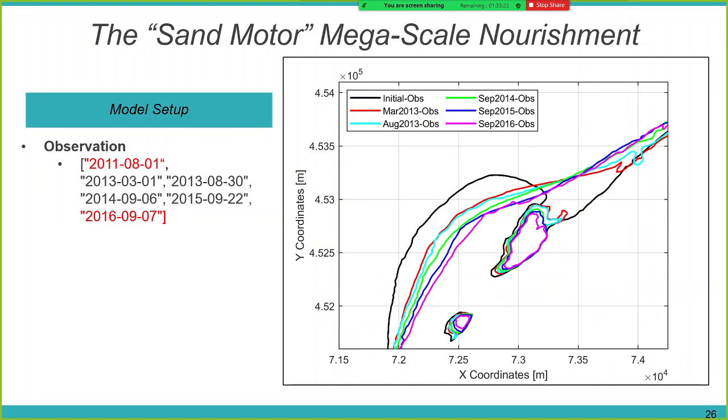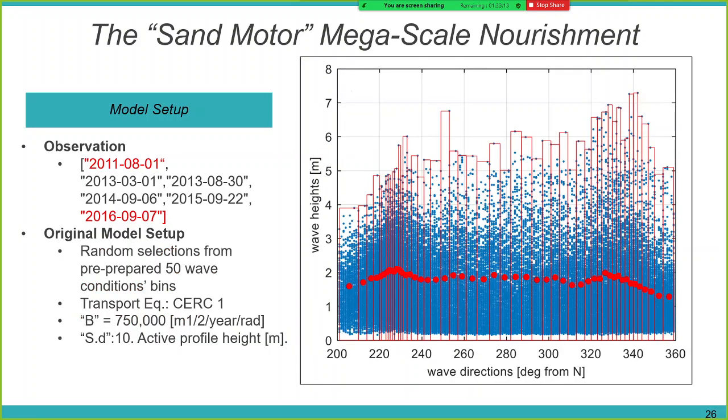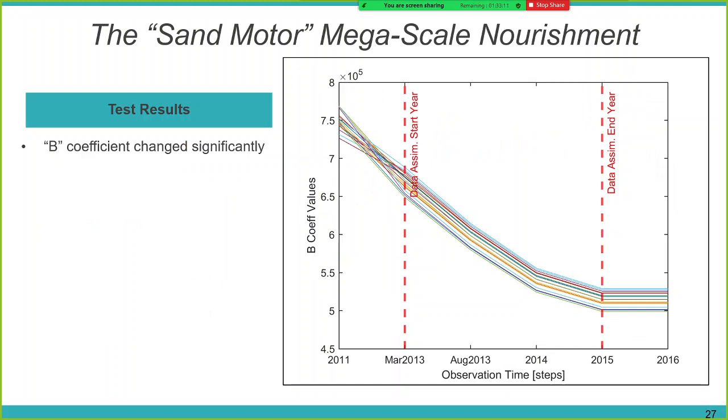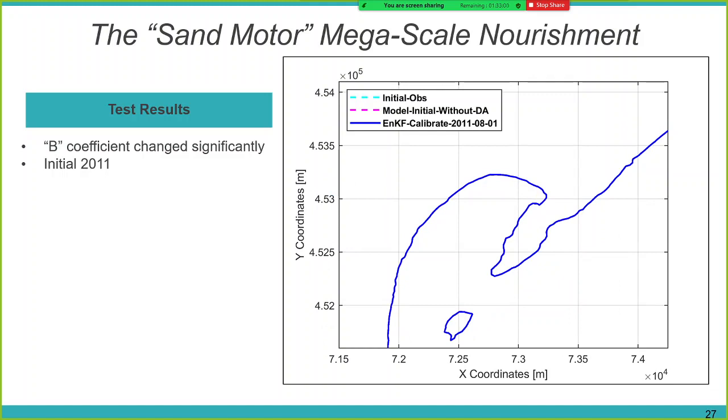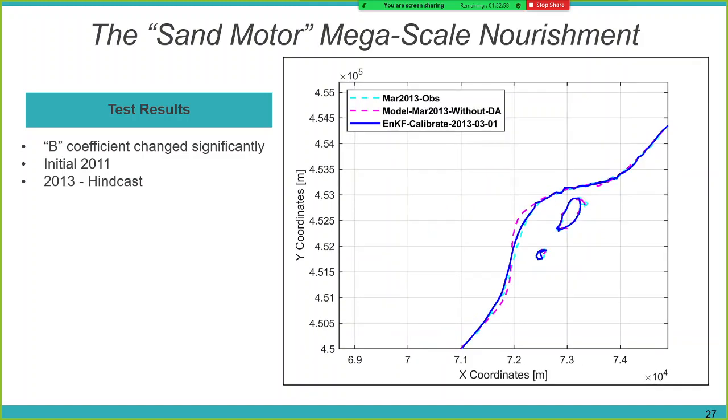Finally, the Sand Motor mega-scale nourishment tests were made as well, using the observations from 2011 to 2016 with the wave conditions and model setup. The test results also show a successfully adjusted B coefficient in the model. Initially, all the coastlines were the same at 2011.